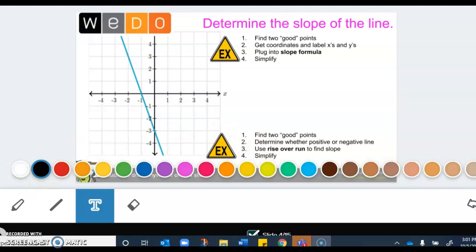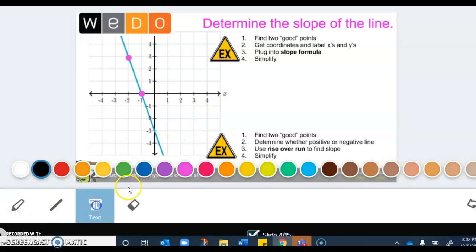Good points are where the grid lines are making a perfect T, where my blue line is crossing right through the middle of those lines. So I would pick right here, negative 2, 3 is a good point, and we put a dot there. And then if we look here at negative 1, 0, right on the x-axis, there's another good point.